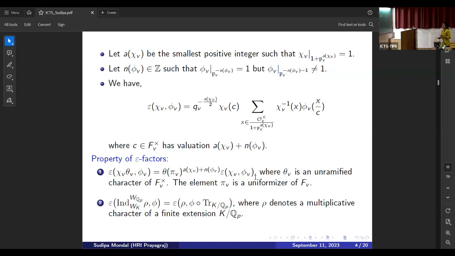So on the Weil side, we can also attach an epsilon factor. This formula says that we can get the value of the epsilon factor by the formula that we defined above. But here the additive character phi is an additive character of Q_p, so we have to compose phi with the trace map.